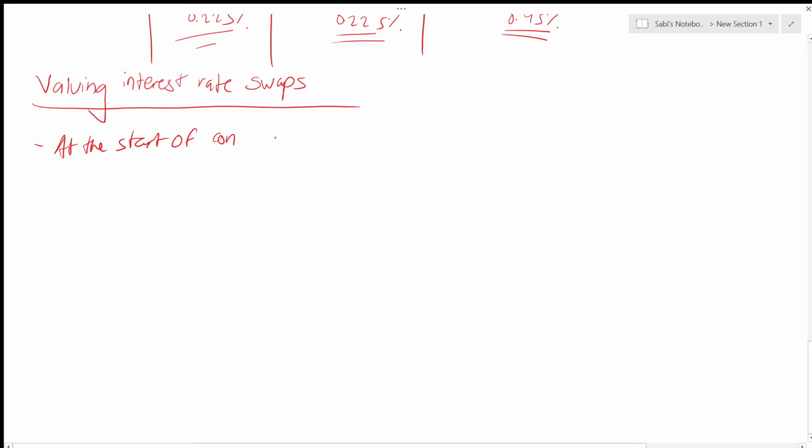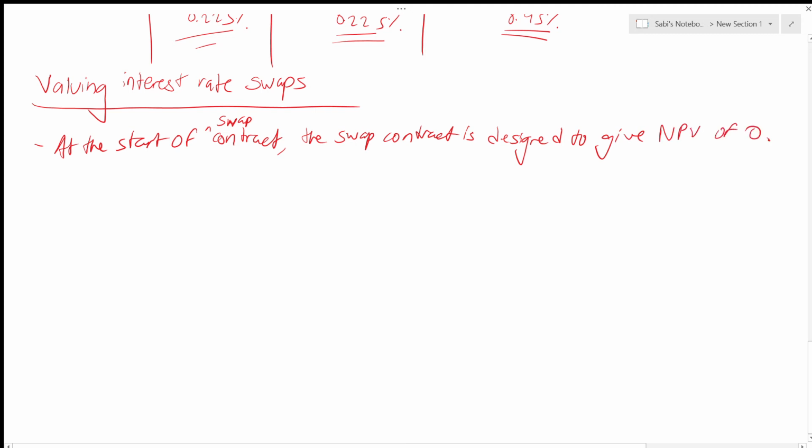At the start of the swap contract, the swap contract is designed to give a net present value of 0.